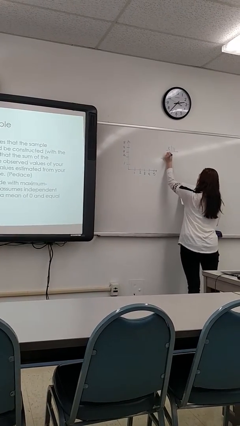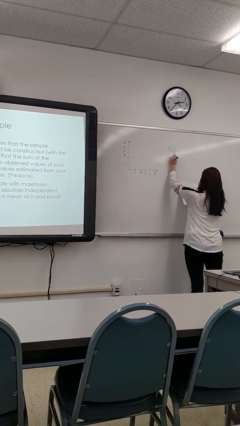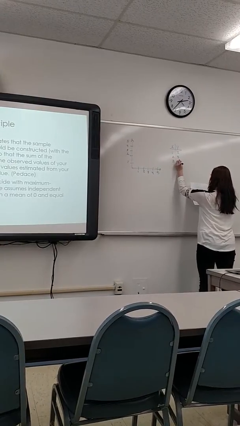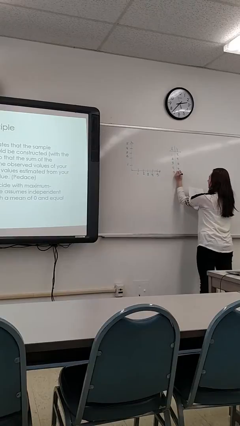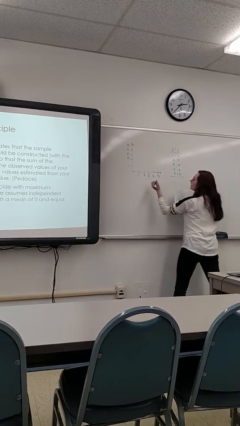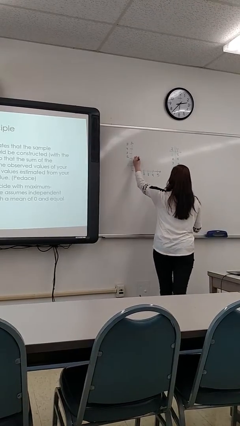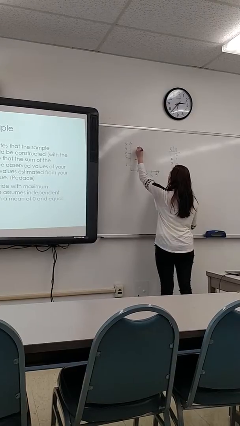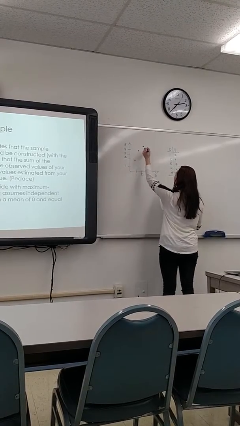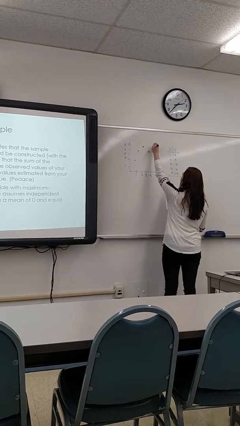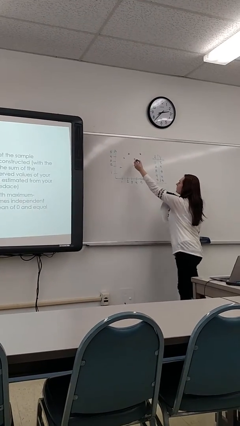If we have some points, and I'm sure you guys have all done this in other classes, you have (1, 2), (2, 4), (3, 5), (4, 5), (5, ...). So we have these points.